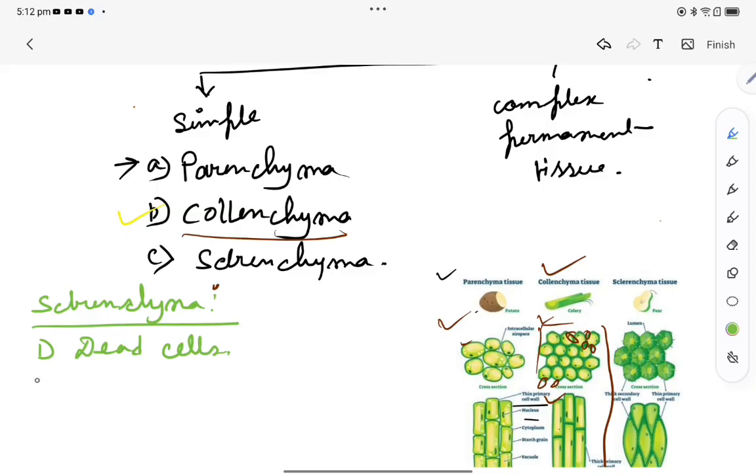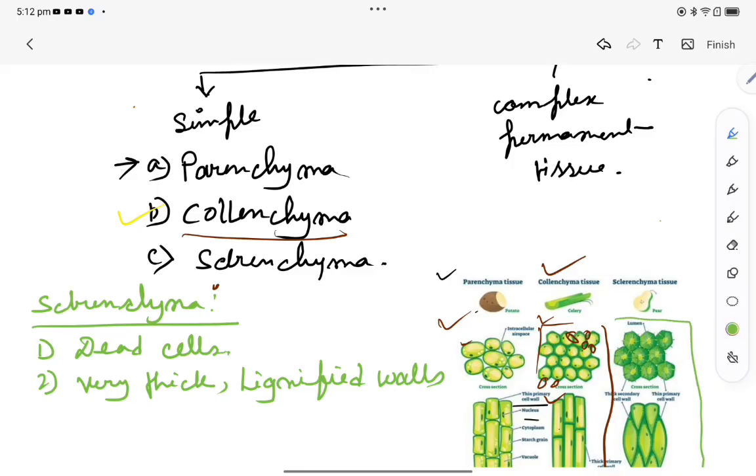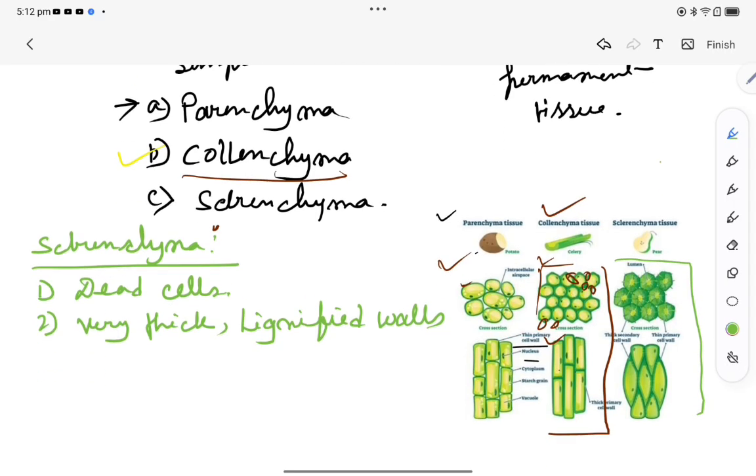They have very thick lignified walls. If you see the diagram here, you will obviously see how thick their cell walls are. If you compare from Parenchyma to Collenchyma to Sclerenchyma, how thick their cell walls are, and they are lignified.